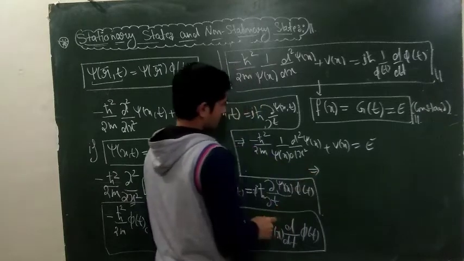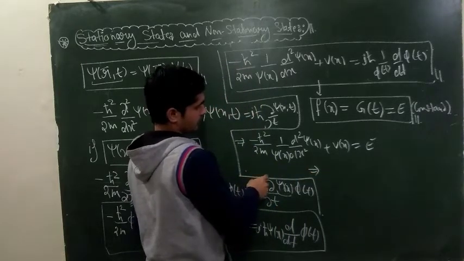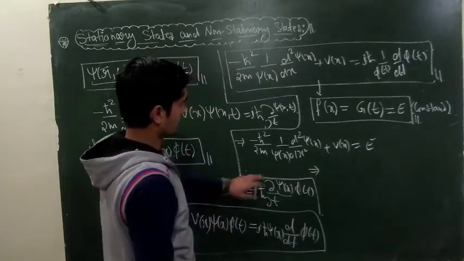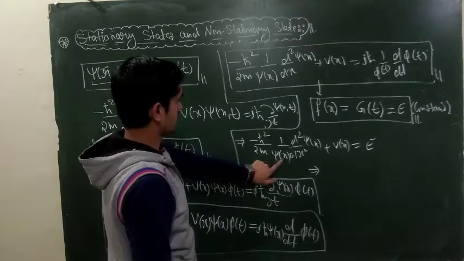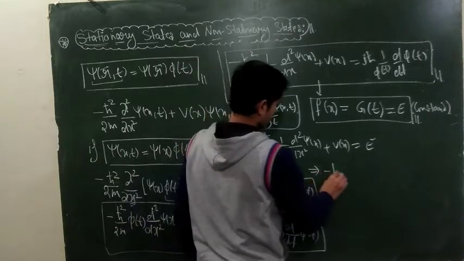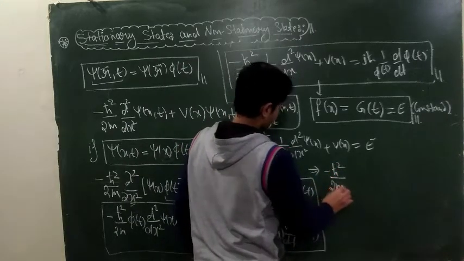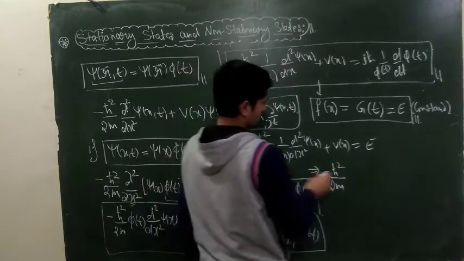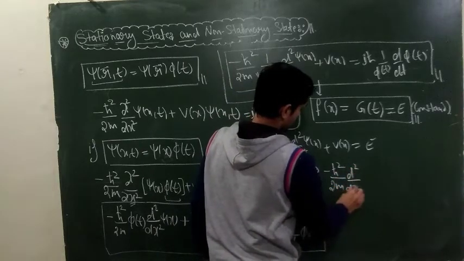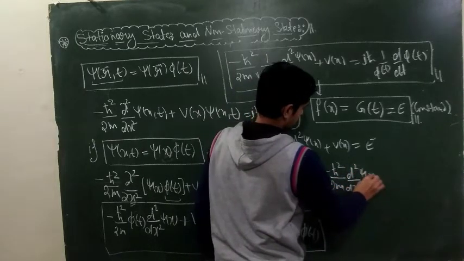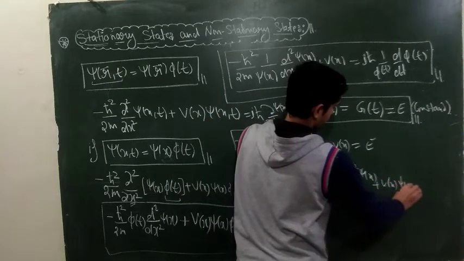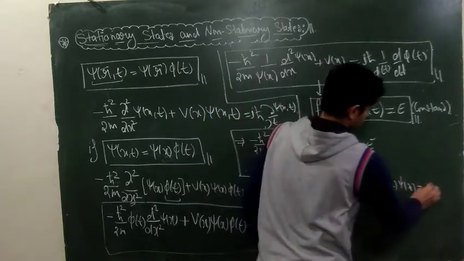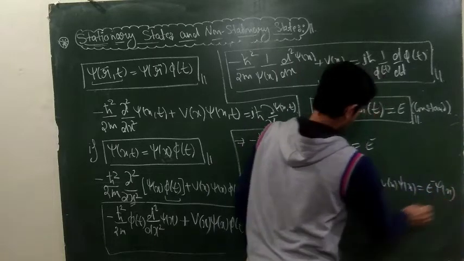And this equation can be converted into a very familiar equation, the time independent Schrodinger equation, just by multiplying it by psi of x. So this will be h bar square over 2m, this will get cancelled out, and it will be just the second derivative of psi of x plus V of x times psi of x is equal to E times psi of x.